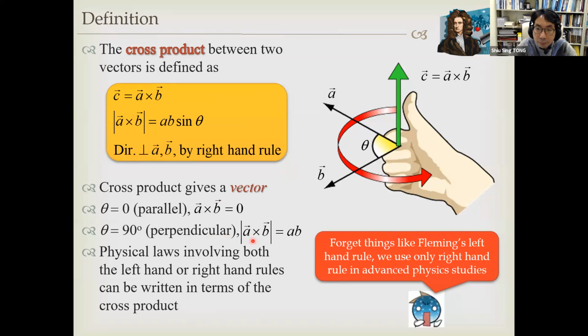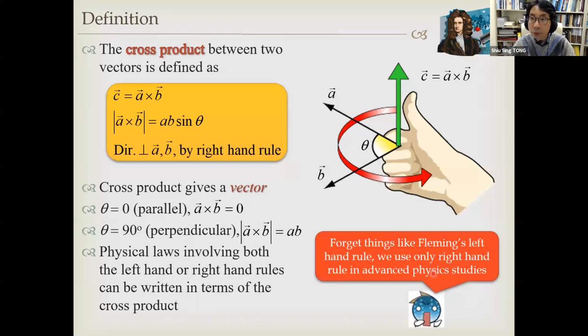Now, in high school, you may have learned some electromagnetism. You may have learned the Fleming left-hand rule. Sometimes they call it the right-hand rule. I don't remember which. You use this kind of rule to figure out the direction, right? But in university, forget about all those left-hand and right-hand rules.